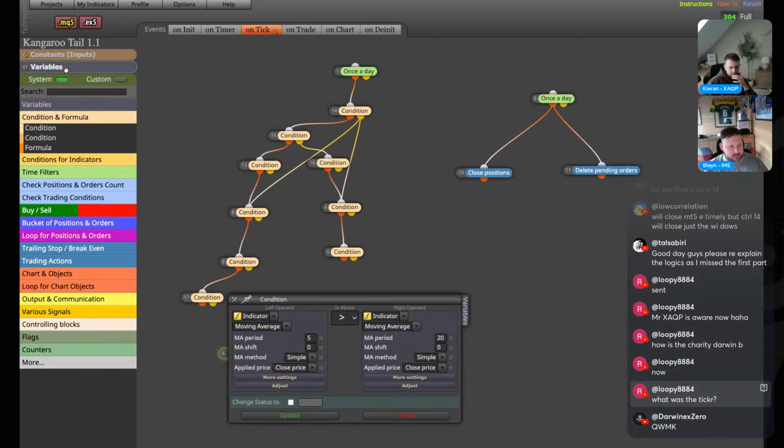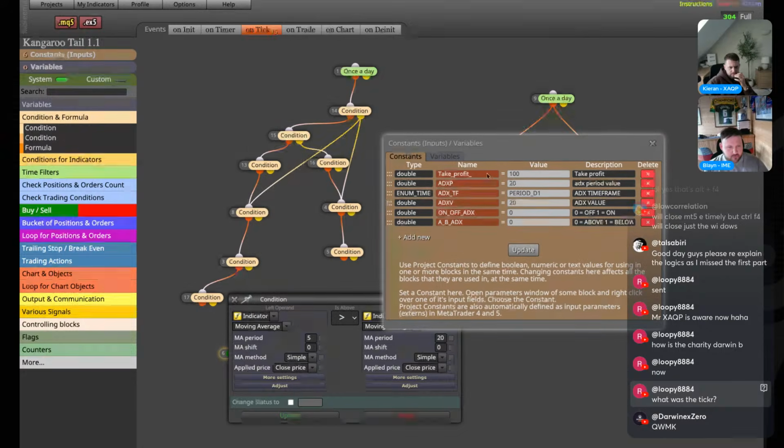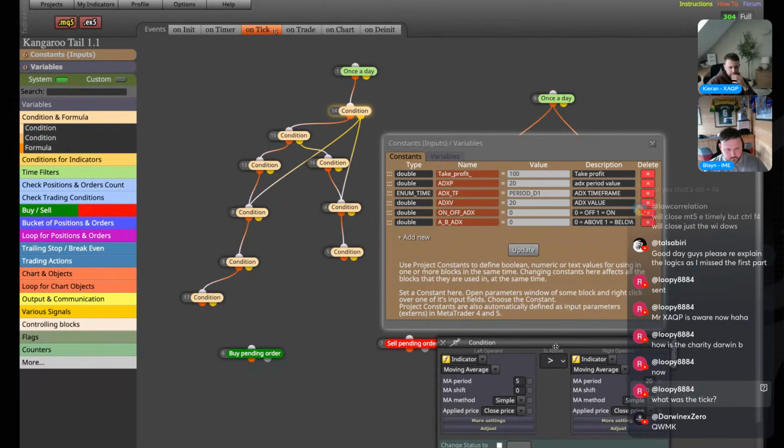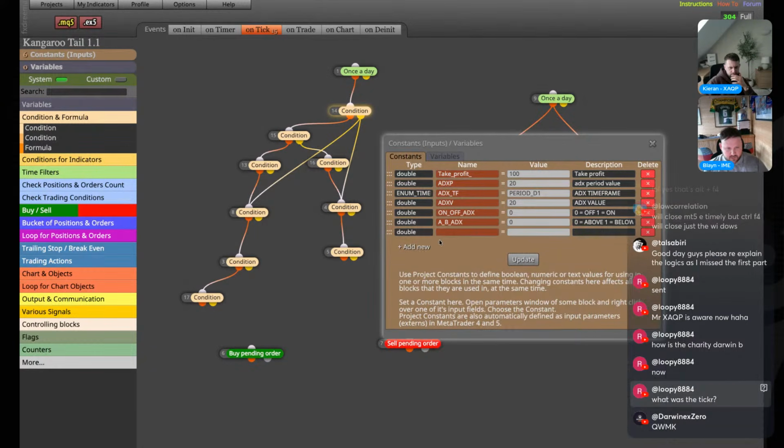So we need to create an on-off gate for the moving average as well. So again, we're going to do MA on-off. Put that to 0. Again, 0 equals off, 1 equals on.